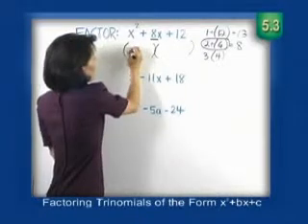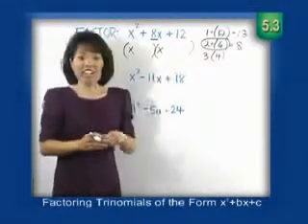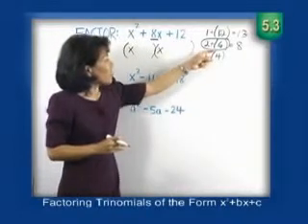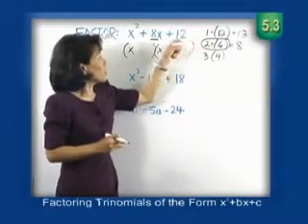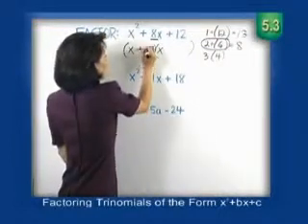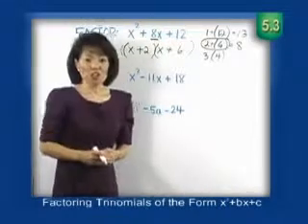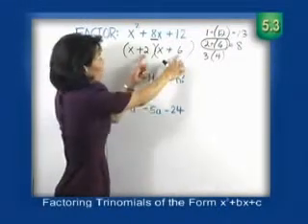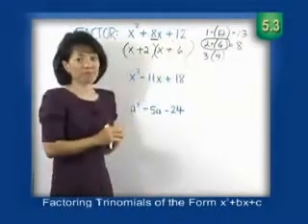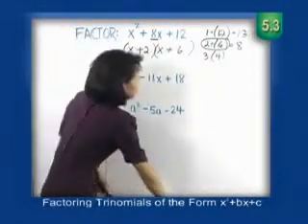It would have to be x and x. Now we've already done the difficult part in that we found the two numbers that have a product of 12 and a sum of 8. So what we're going to do is put them in like that, 2 and 6. Again, product 12, sum 8. And that's all you have to do.